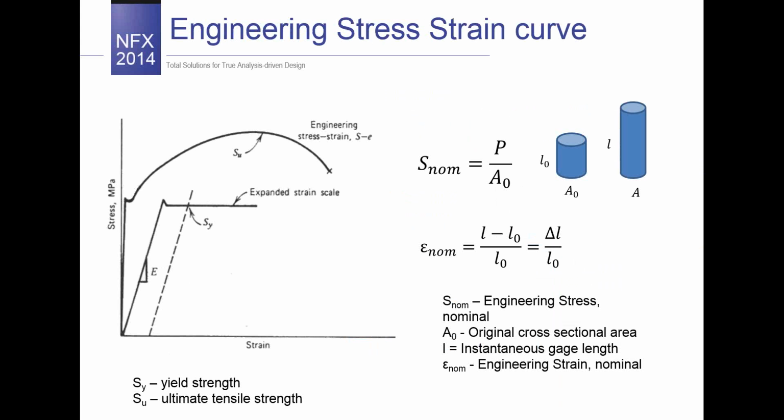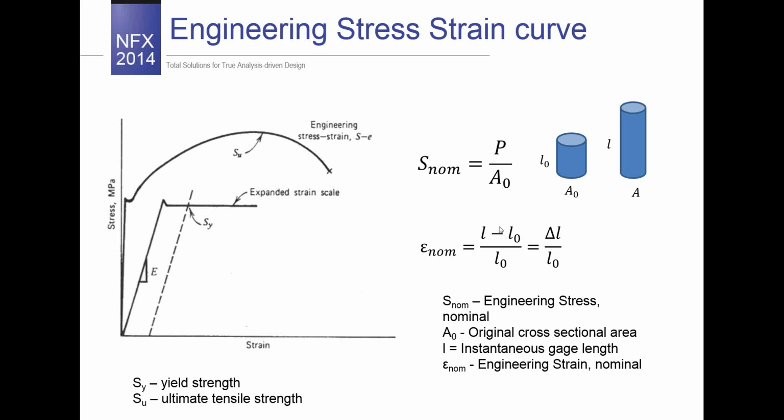So let's take a look at the material curve, just to remind you of the basic theory. Now we see the engineering stress-strain curve, and this is the graph or plot you are familiar with from your everyday work. This is what the relationship between the stress and strain looks like. This graph is provided from a simple tensile test.